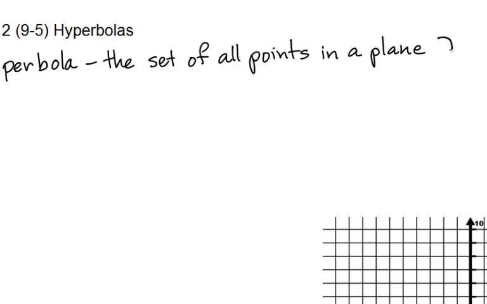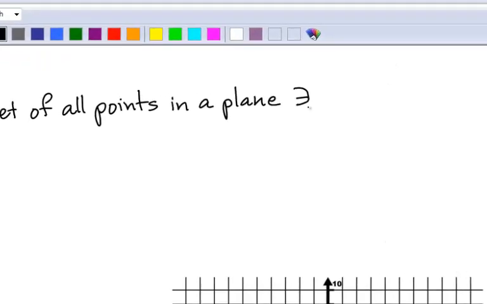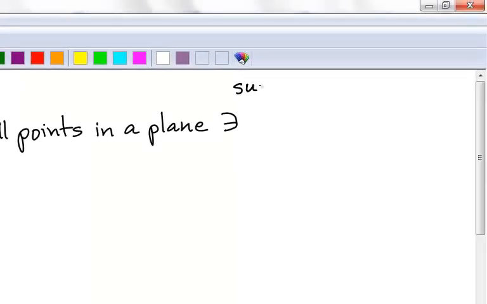Use this backward epsilon, that's the Greek letter epsilon. That Greek letter stands for the words such that. Okay? Mathematicians are lazy.